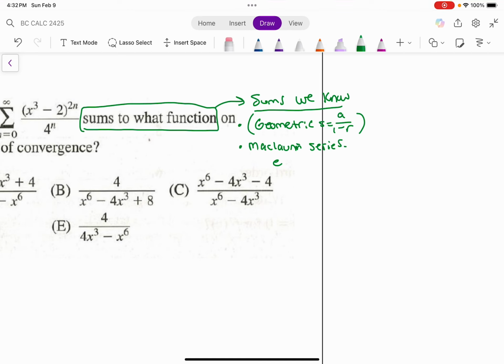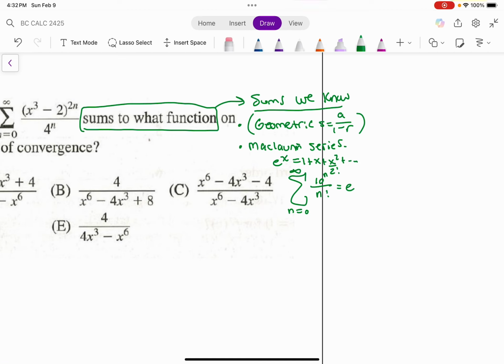So for example, e to the x is 1 plus x plus x squared over 2 factorial, etc. So like e to the 4, a series that looks like this, and a series that looks like this, like 10 to the n over n factorial.